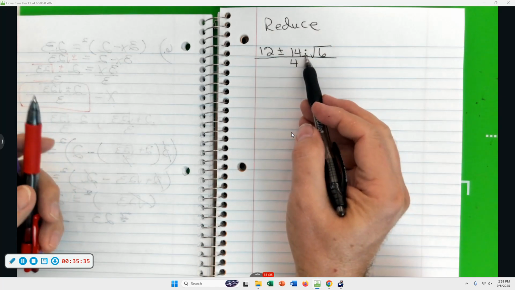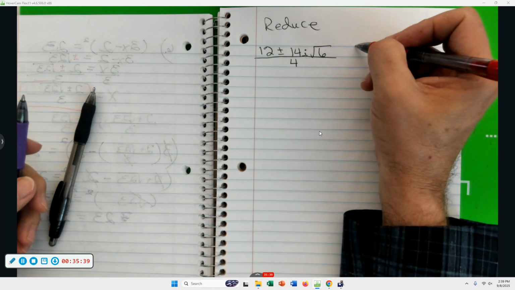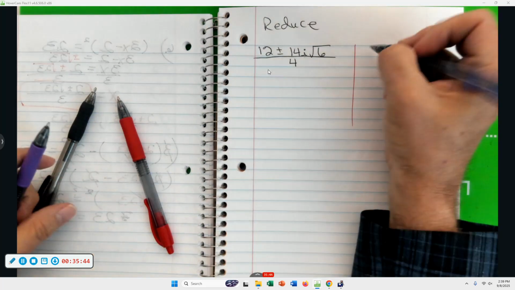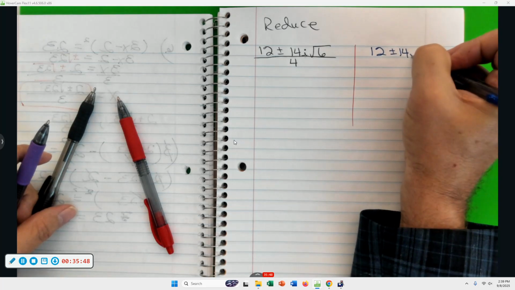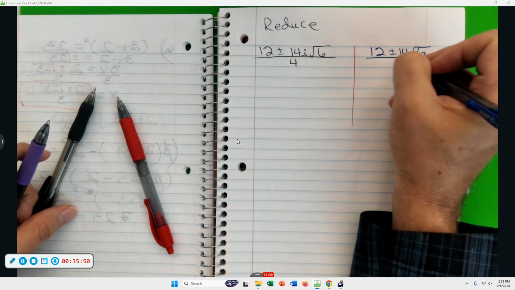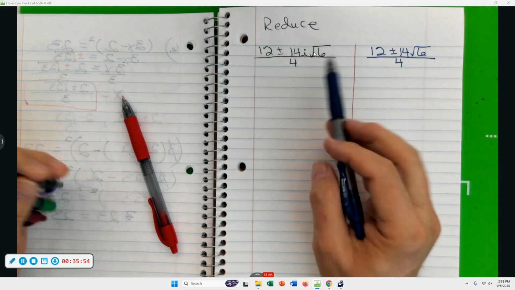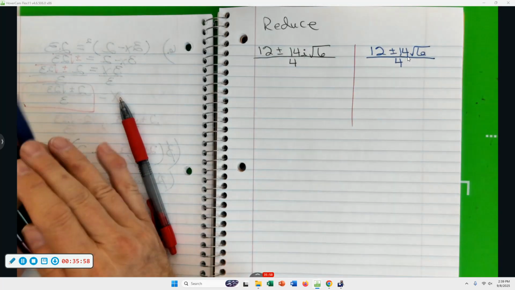Notice we have an i on the top in this one. I want to compare that to 12 plus or minus 14 square roots of 6 all over 4. The only difference is we have an i in the first one, but not in the second one.